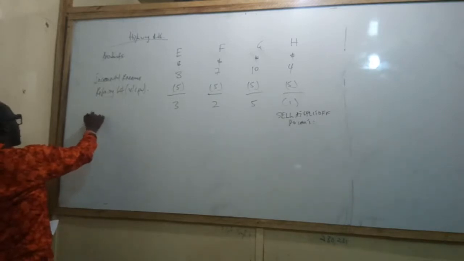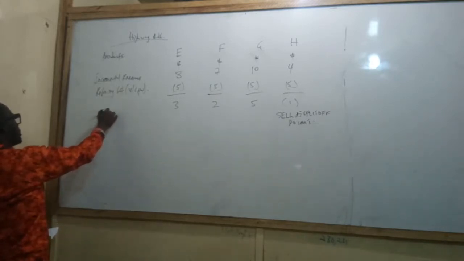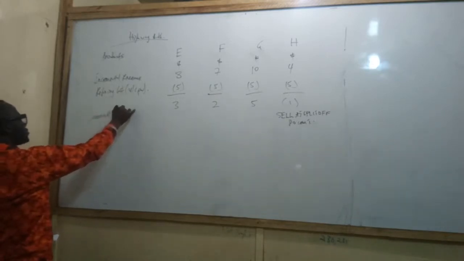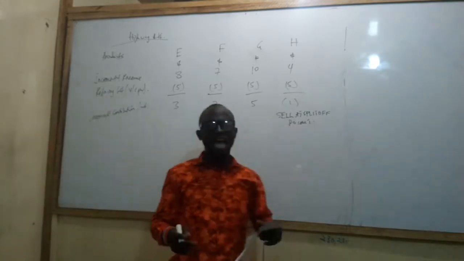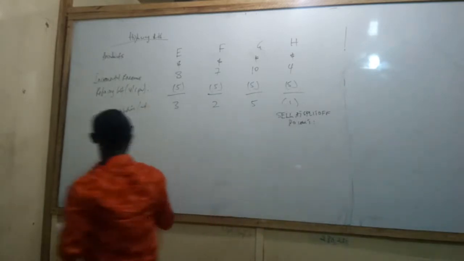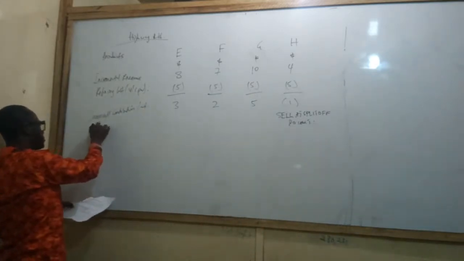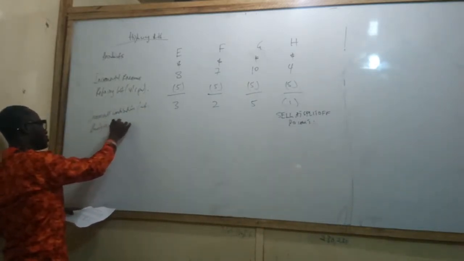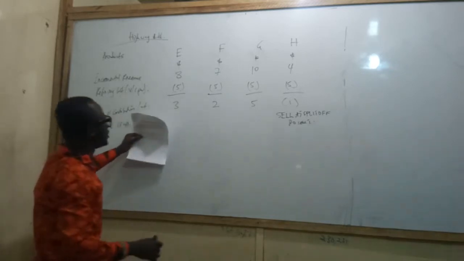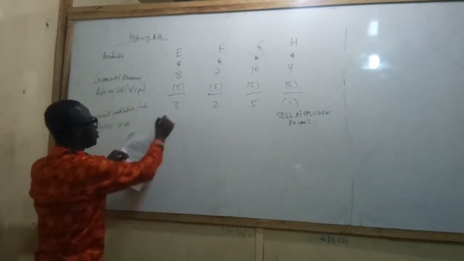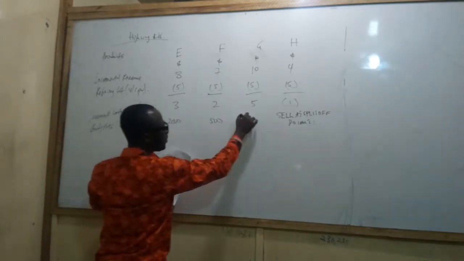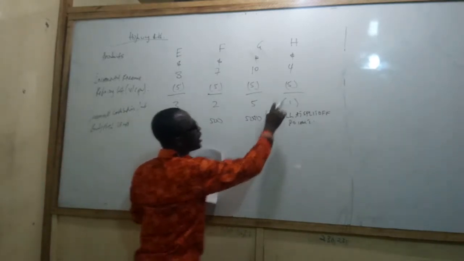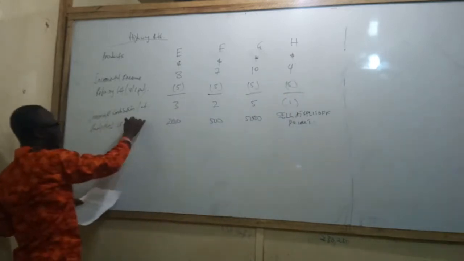So this will be incremental contribution per unit. Then we bring the budgeted output. What's the budgeted unit? Budgeted units: 2,000, 500, 5,000. Oh, wow. Yes. So let's multiply.